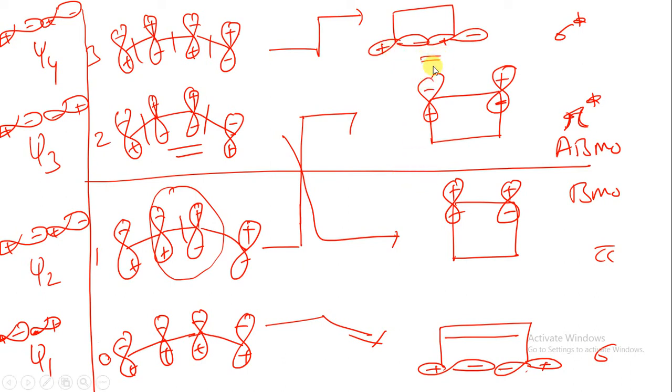Okay, so now from this diagram we can conclude that the BMO crosses the ABMO and the ABMO crosses the BMO. Thus we can say that it is a photochemically allowed reaction, whereas a thermally forbidden reaction.